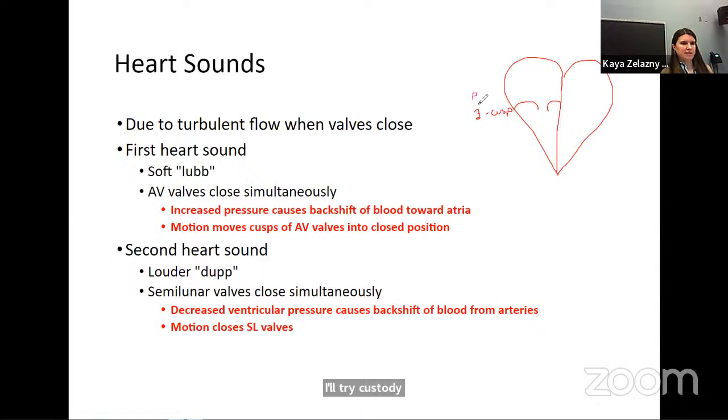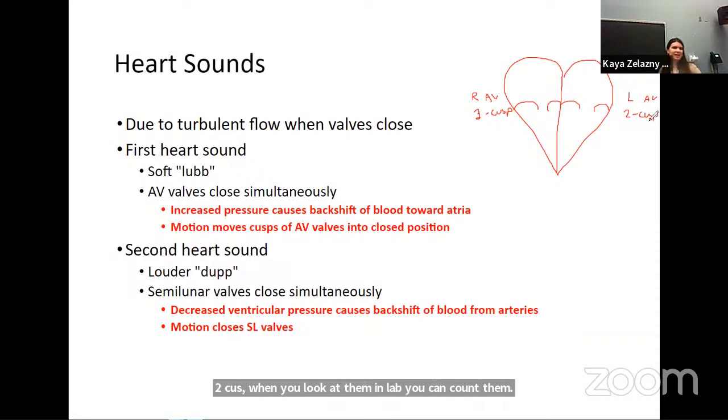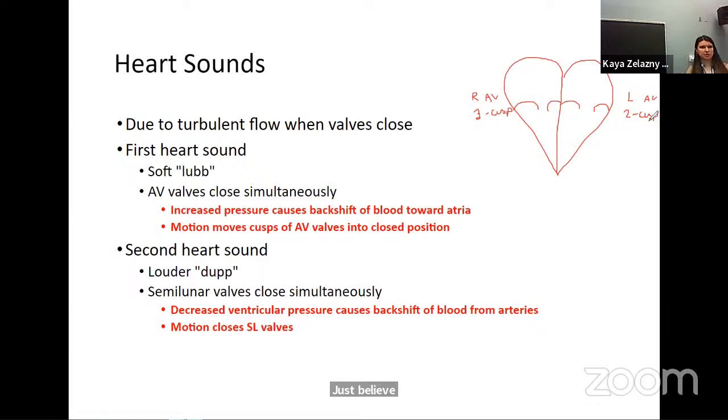That's our right AV valve. And then on the left side, our left AV valve is our bicuspid, so two cusps. So when you look at them in lab, you can count them. Just believe me for now. Okay, so we have our atrioventricular valves.